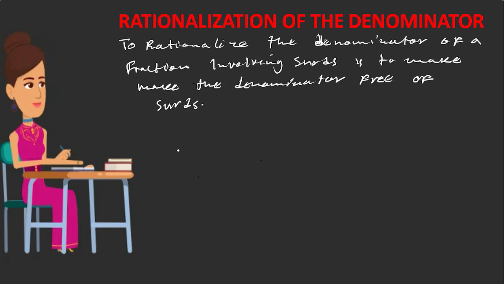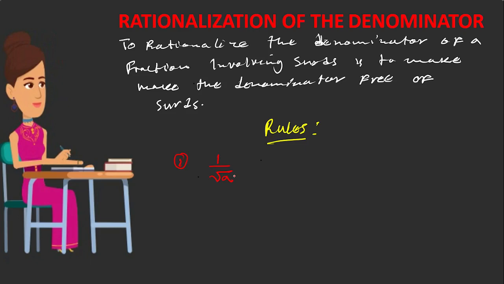So I'll quickly jump onto the rules that you are supposed to follow when you are rationalizing the denominator. The first rule is, let's say you have 1 over square root a.